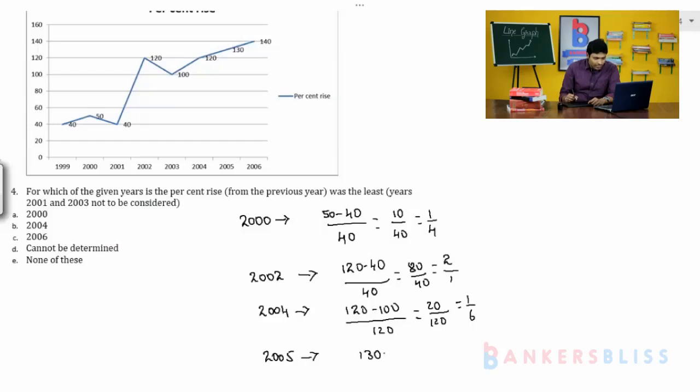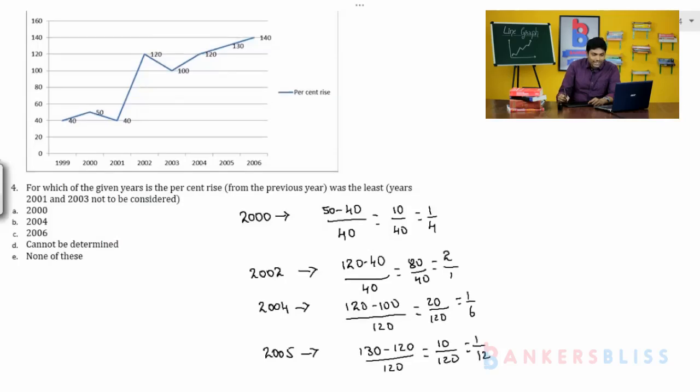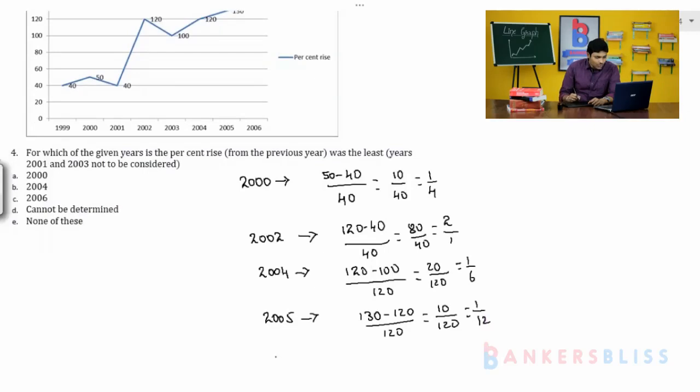So 130 minus 120 divided by 120, which is equal to 10 by 120, which is equal to 1 by 12. Next, you take 2006. So 2006 if you consider, so 140 minus 130 divided by 130, which is equal to 10 by 130, which is equal to 1 by 13.